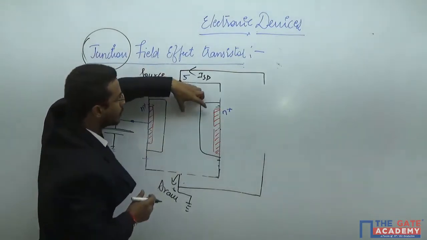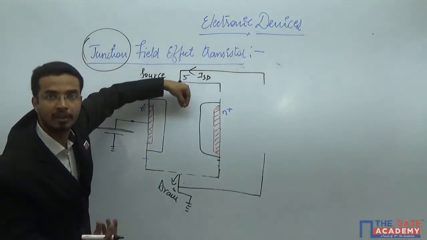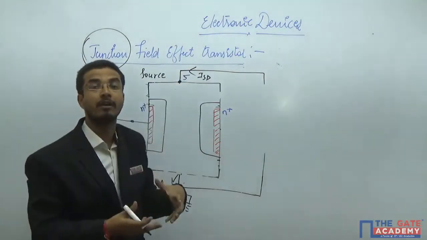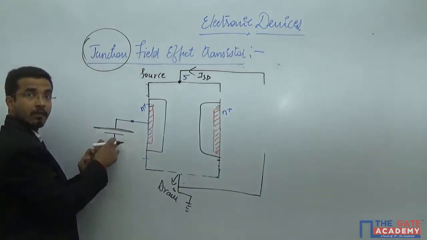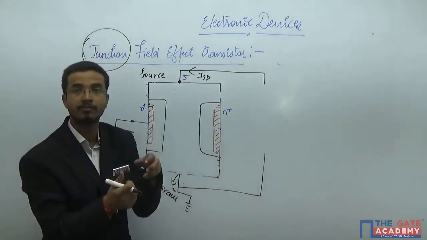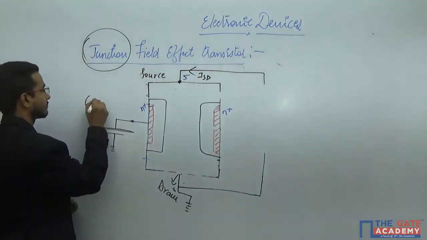Yes or no? Due to which the available area for the conduction will keep on reducing. That means you are able to control the conduction from this terminal. And what is the terminal known as which can control that? That is known as the controlling terminal.